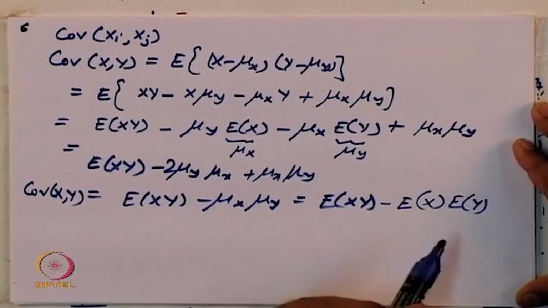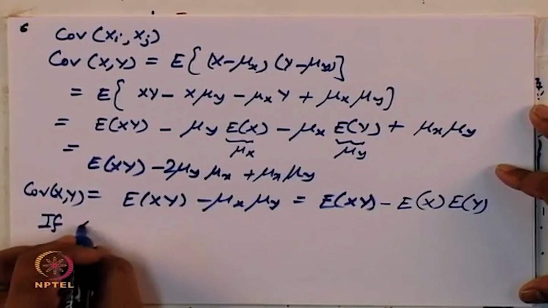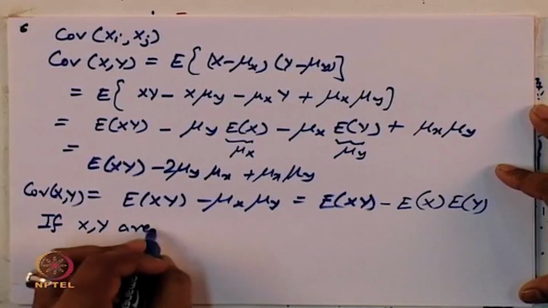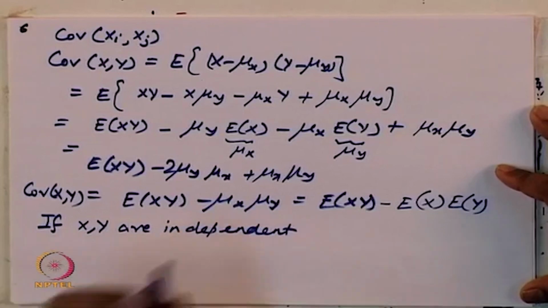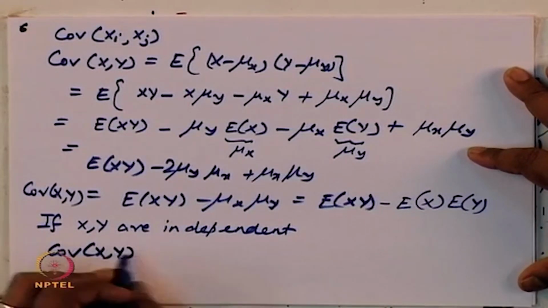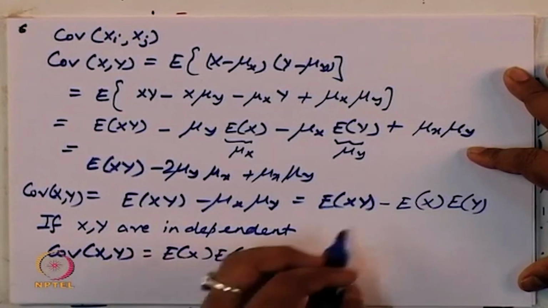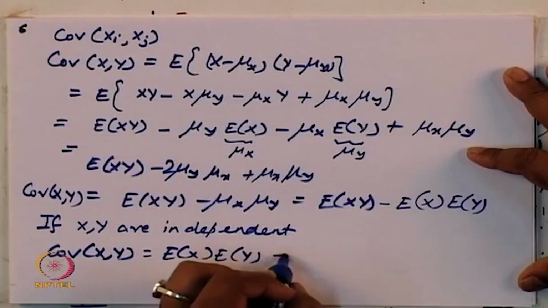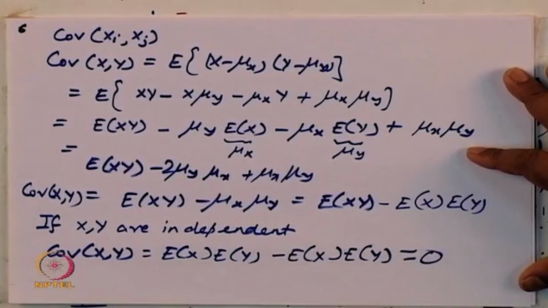Now, what you see is if x and y are independent, then covariance of x comma y is equal to E of xy minus E of x into E of y. I can expand E of xy as E of x into E of y, minus E of x into E of y. This gives me a value of 0.